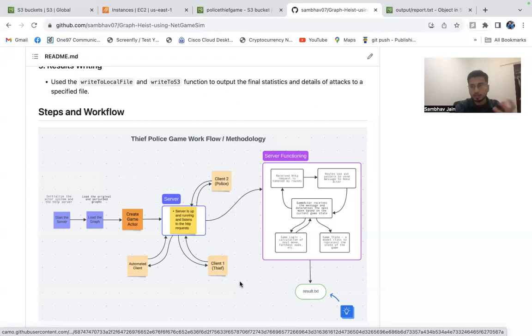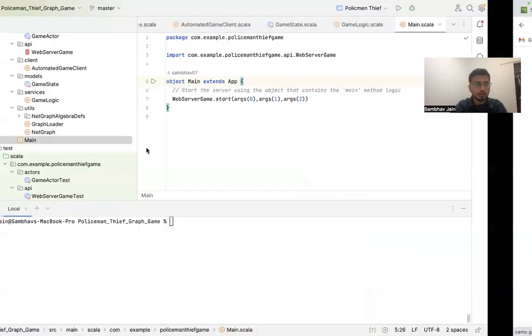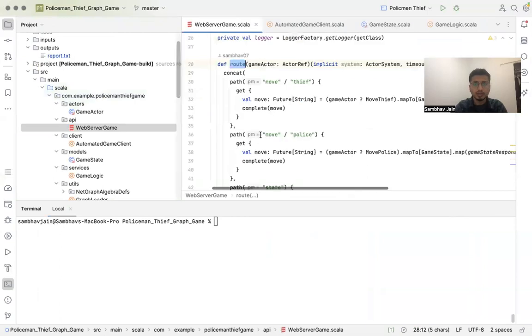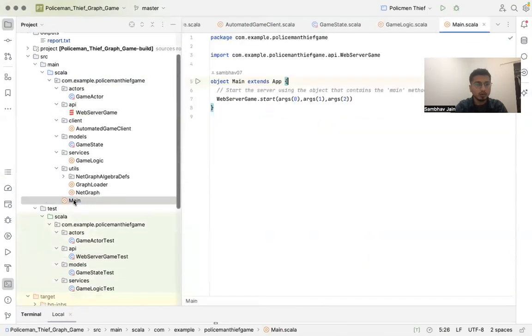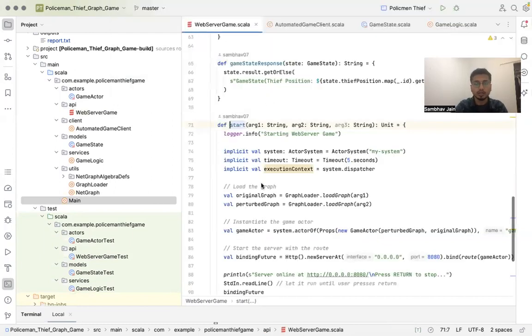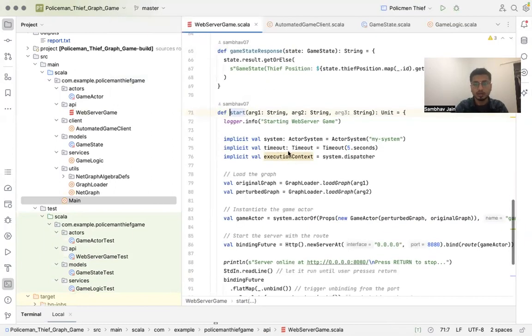Then we create our HTTP server, and we bind the routes that we have defined. We'll see in the web server game file itself. So let's go to that file right now. This is what I'm talking about. Our entry point is the main function, which is calling the start method of WebServerGame. When we traverse to that function, this is where we have the actor system.